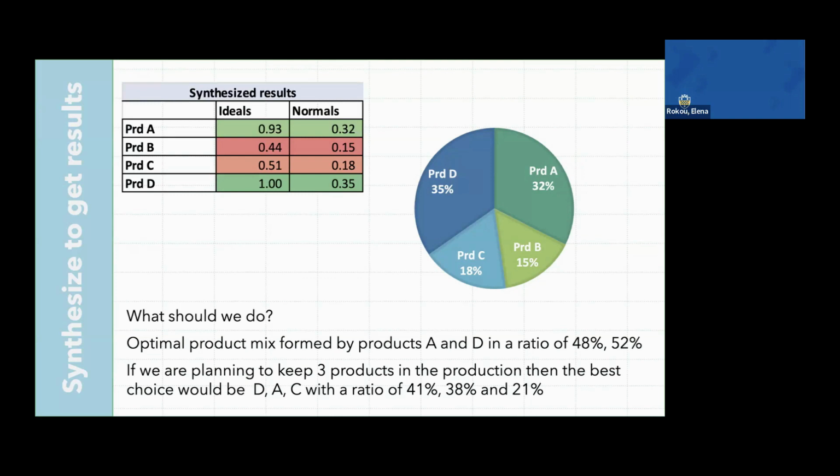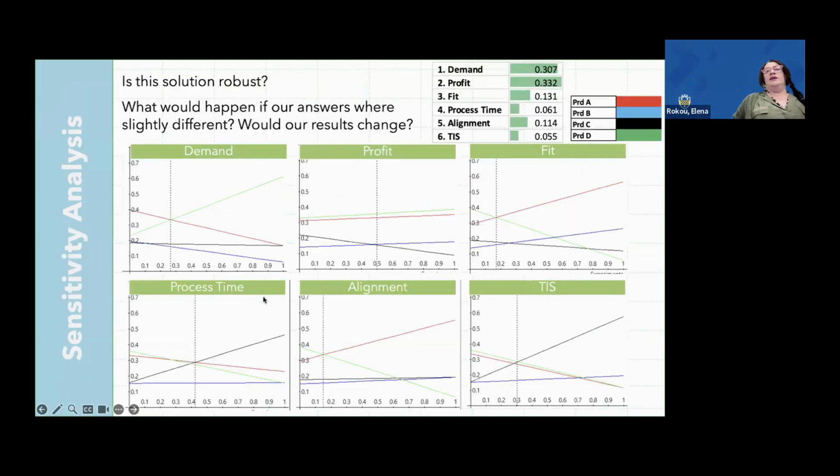And they were pretty skeptical because they didn't tell them to take out the production. We were just asking them to replace an old product, product B, that nobody wants anymore, with product C plus D. Now, this is how an AHP part would work. One more sensitivity analysis just to see how it looks.